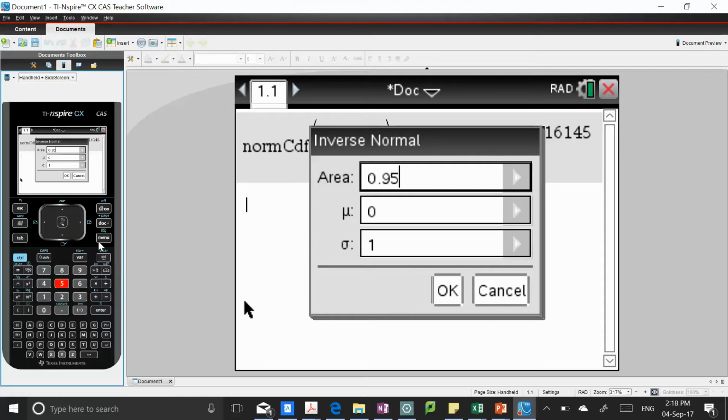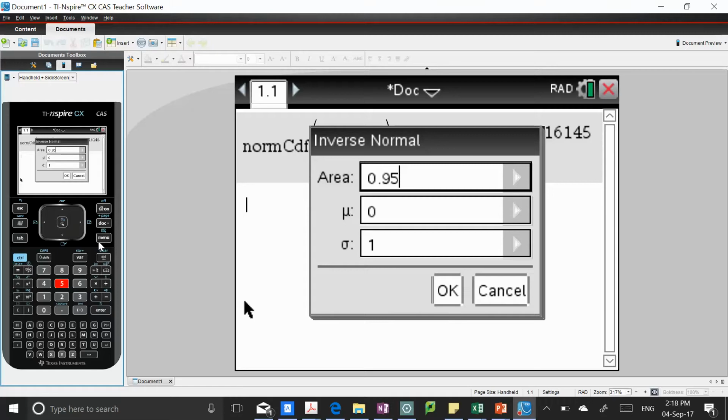The only one thing you have to remember, when you're using inverse normal, it always calculates left to right. It doesn't do between like A and B, it only calculates left to right. In our case, we're fortunate, it is from left to right. We're going from negative infinity up to a certain point, and it will calculate for you what that value is.